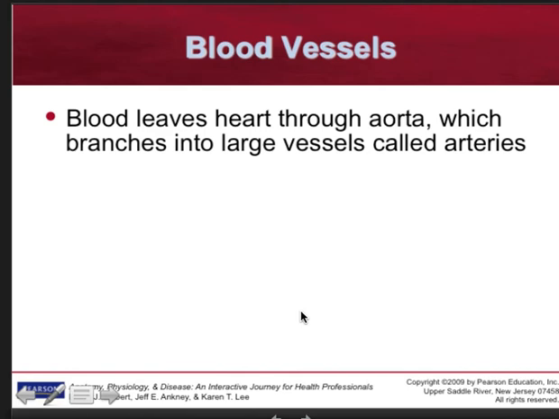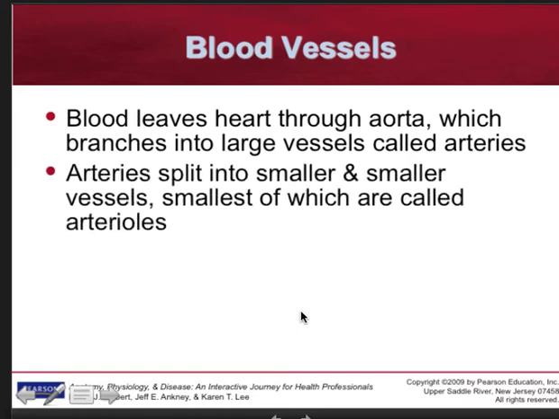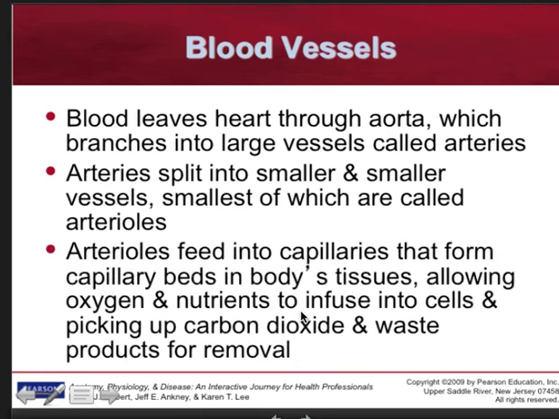All right, let's talk a little bit about the vessels through which the blood travels. Blood leaves the heart, specifically the left ventricle of the heart, through the aorta, which branches into large vessels called arteries, which split into smaller and smaller vessels, the smallest of which are arterioles, which then feed into capillary beds that perfuse the body's tissues, and this lets oxygen be dropped off so that the cells can use it for cellular respiration, while it picks up CO2, which is a waste product of oxidative metabolism, so that it can be removed.